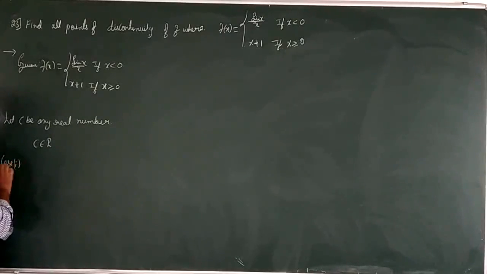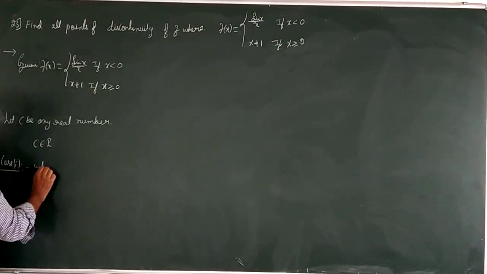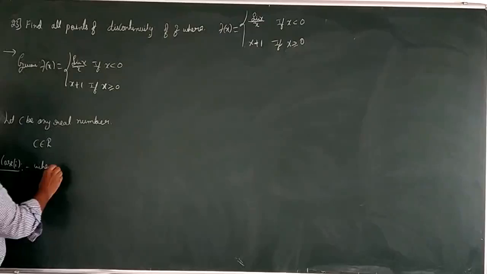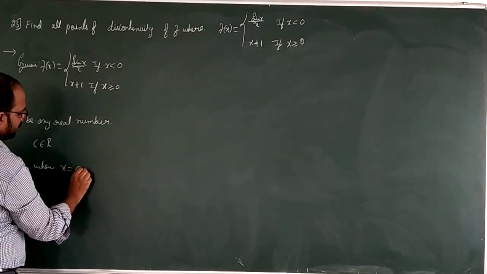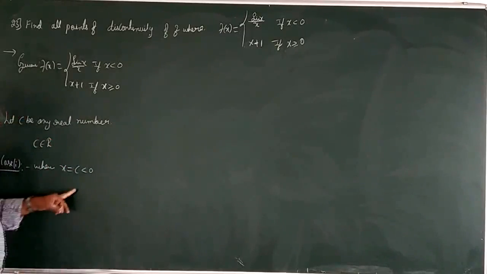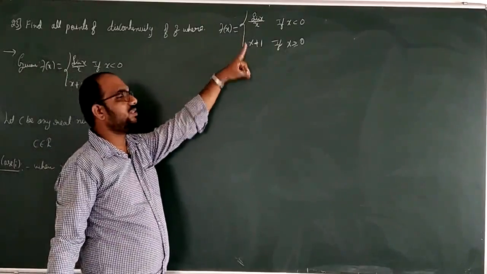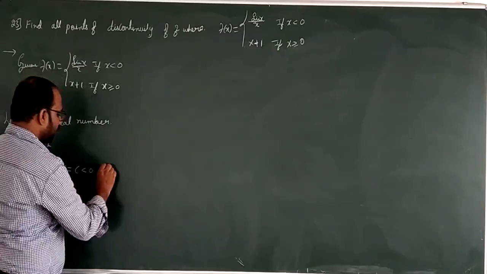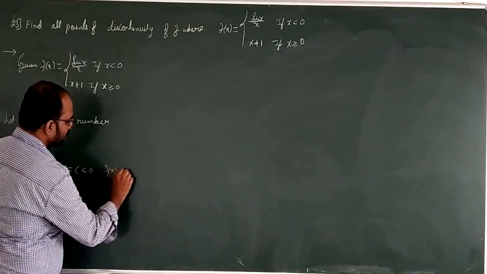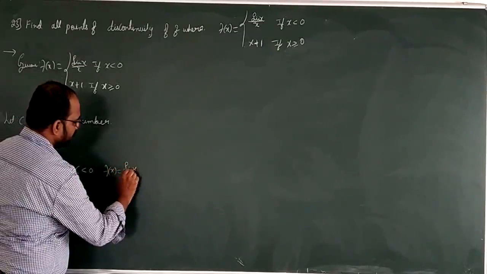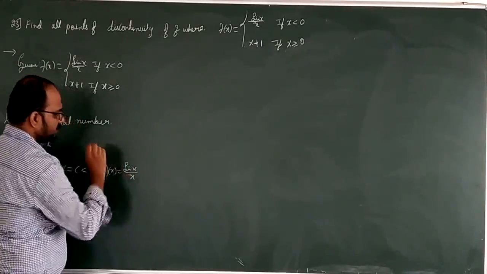Case 1: when x is equal to c is less than 0, the function is f of x is equal to sin x divided by x.